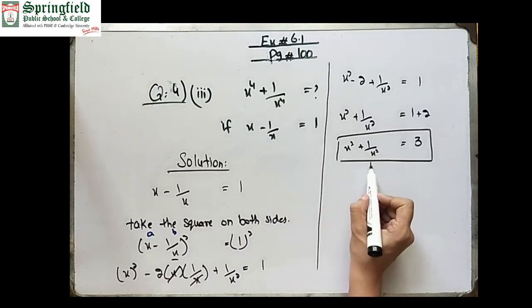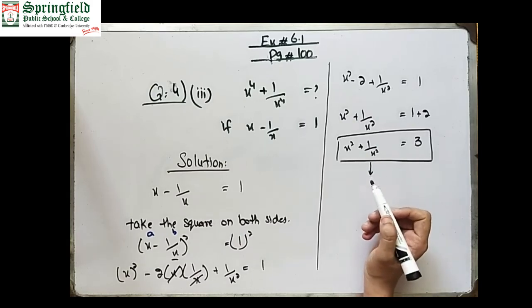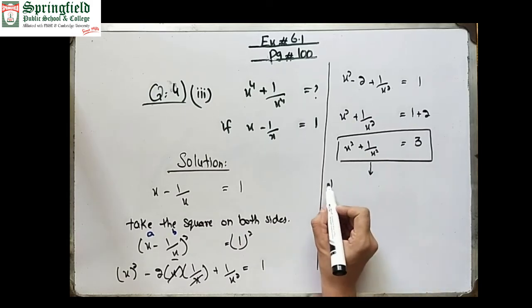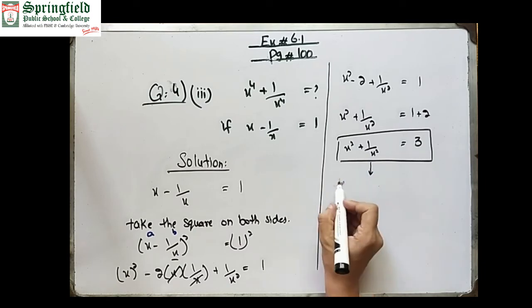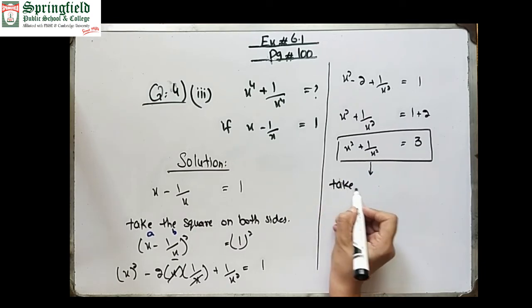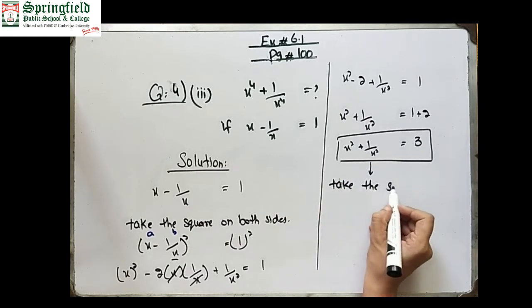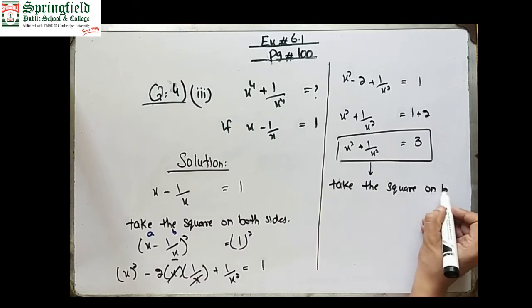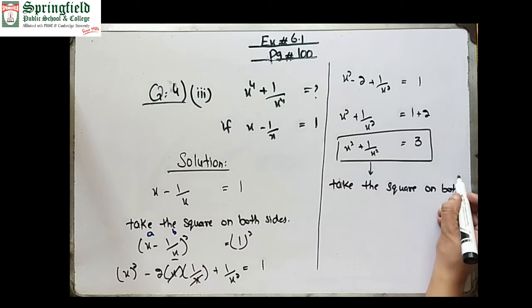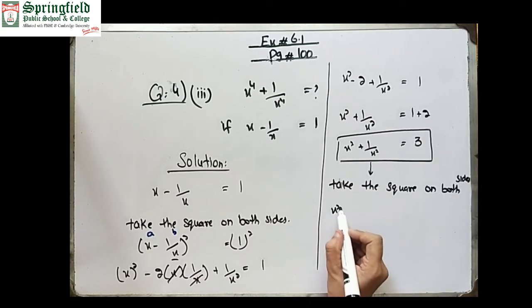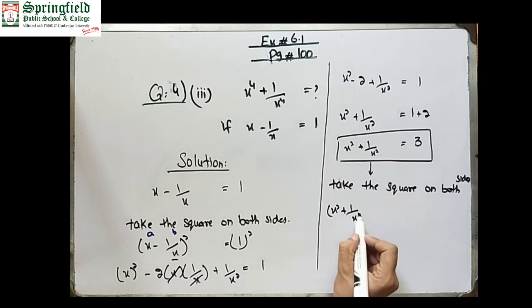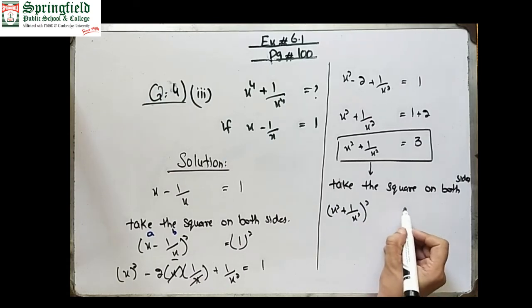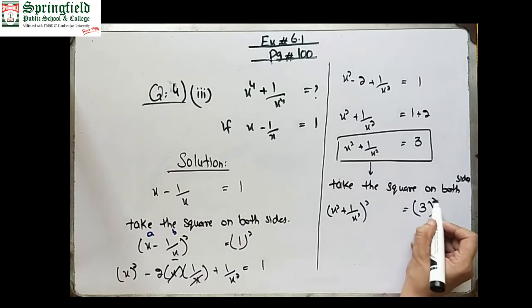Now, in the second step, we will take again square. Take the square on both sides again. So it will become (x square plus 1 by x square) whole square is equal to 3 whole square.